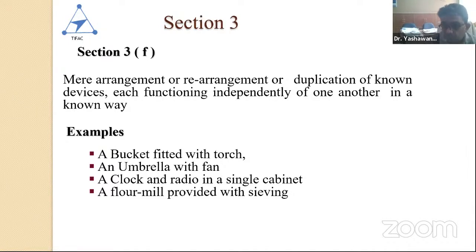But in many cases, the application of this new function which you are achieving can be protected across different types of devices. Let's say, for example, you have a remote control, the infrared remote, which you can use to control your AC, your TV, your fridge, your car AC.